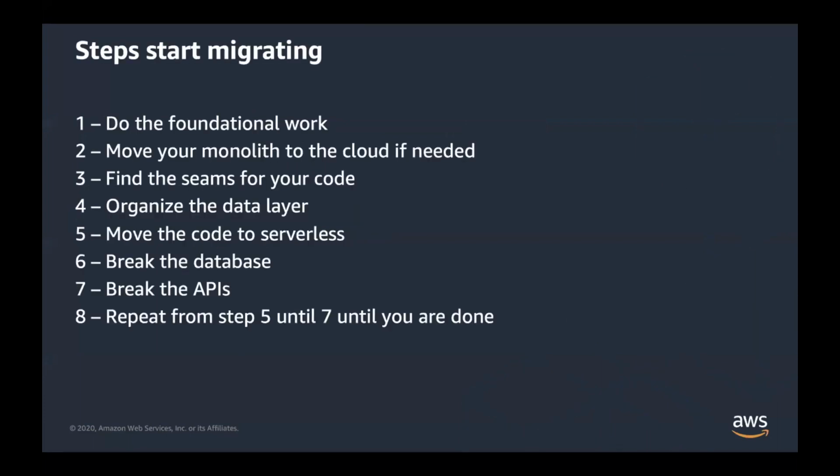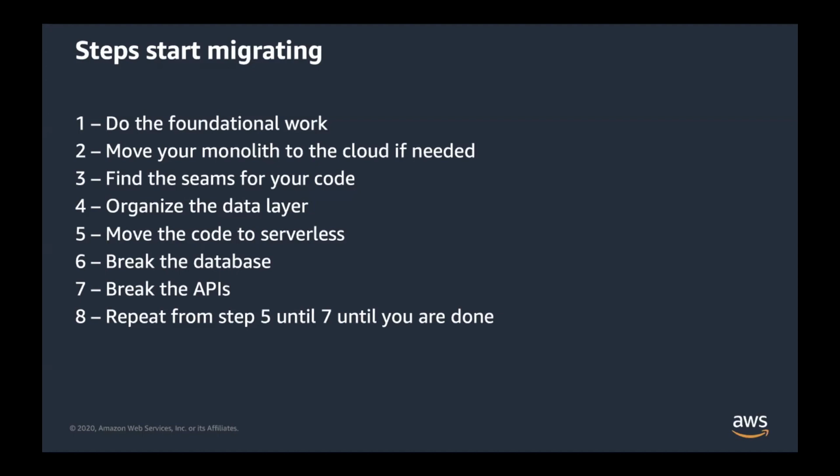Basically, these are the steps. Do your foundational work: move your monolith to the cloud if it's not there already, or to the same cloud provider where you're doing the serverless migration. Find the seams of your code if you have a monolith, and organize the data layer in order to start breaking the database later. Move the code to serverless to take advantage of as much as you can from the serverless architecture.